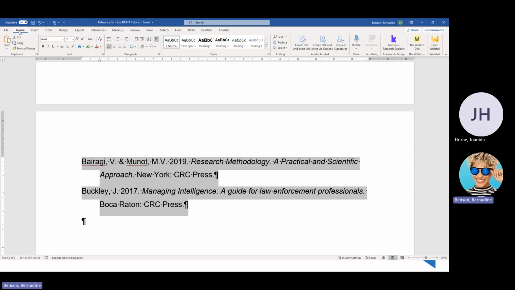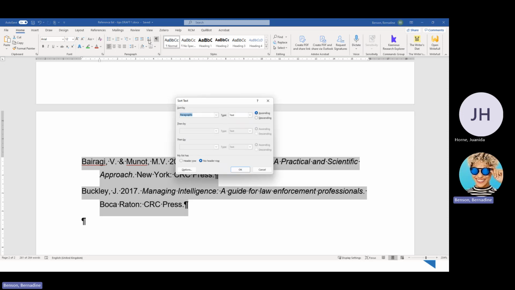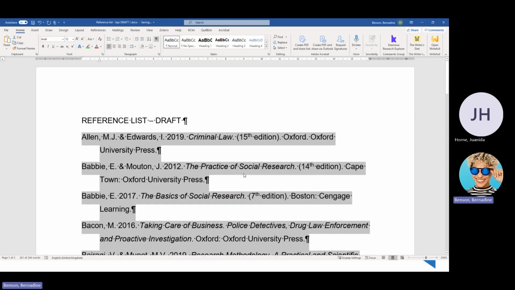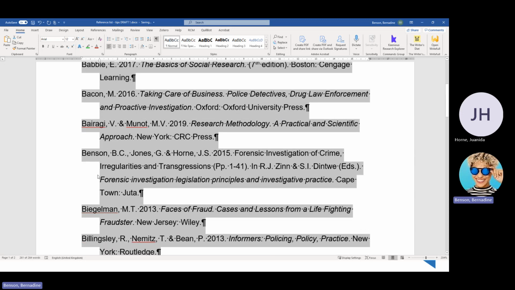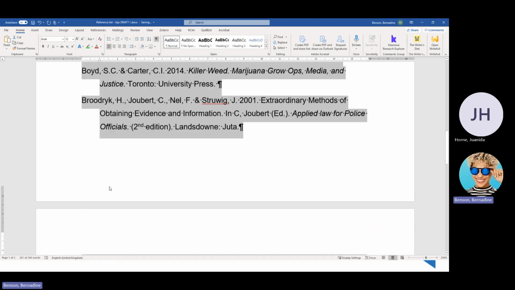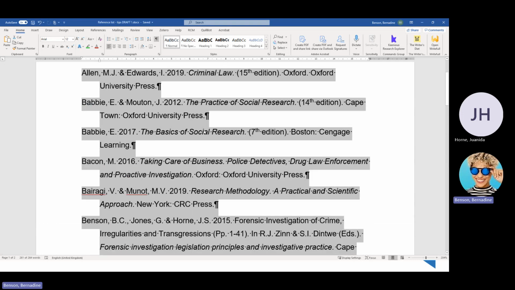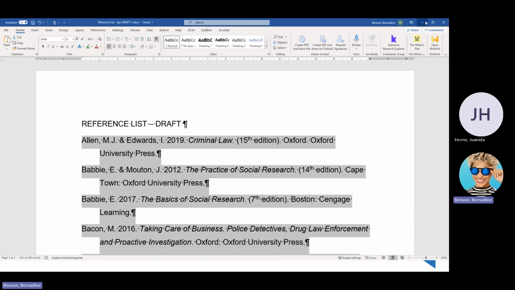I go to, yeah, just next to that other little thing that looks like a little head, and I select A to Z. Then I want the paragraph sorted from ascending to descending, in other words from A to Z, and I say okay. And what does it do? It arranges it for me alphabetically in terms of the author. And yes, that is what I wanted to show you here.